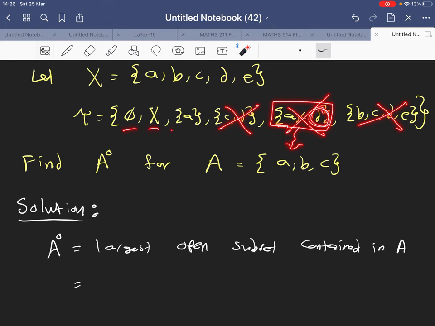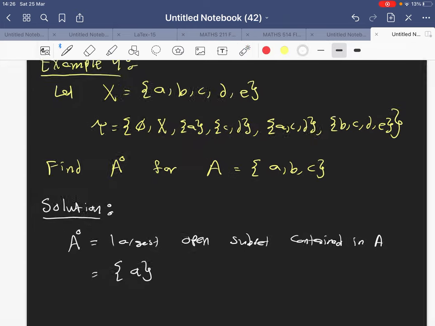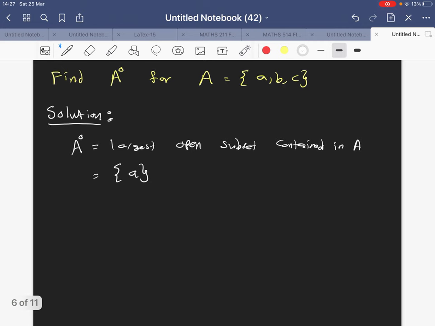So we have only those three options. Among them, this one is also eliminated. We only have two options, the empty set or this set. Which one is the largest? It's this one. So that's the final answer, and that's how we find the interior. Now, if we do another example, this time we'll do the example from the Euclidean topology on the real numbers.